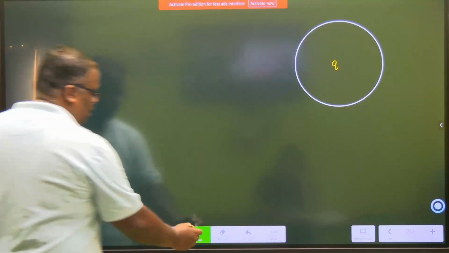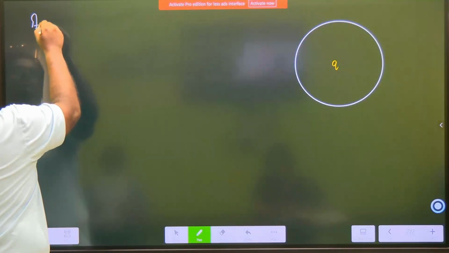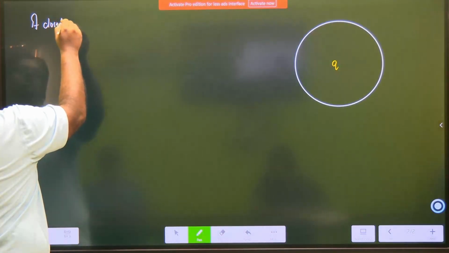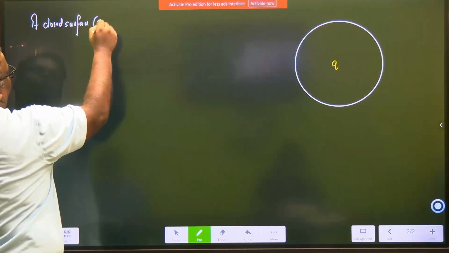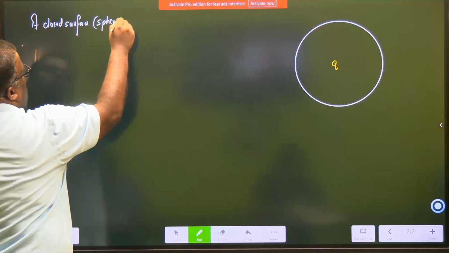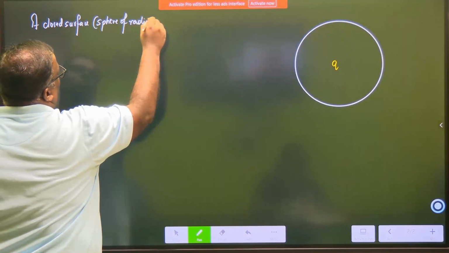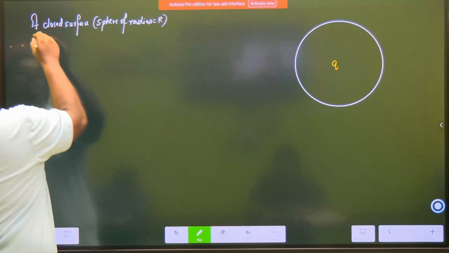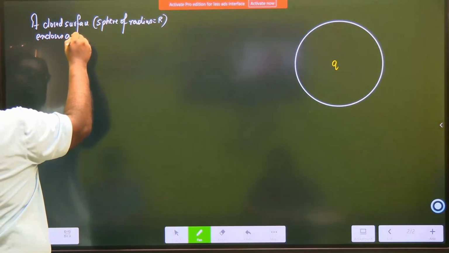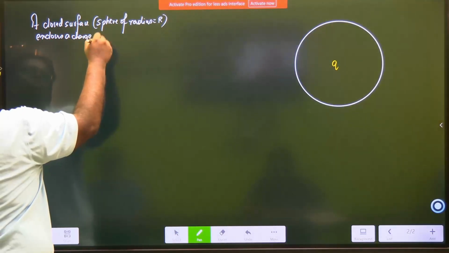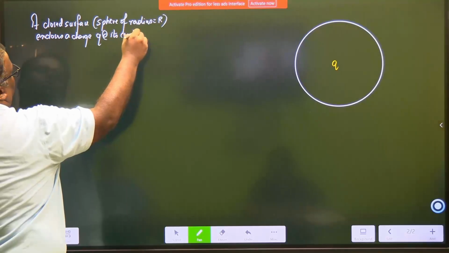So we write a closed surface. And what is your closed surface? A sphere of radius R encloses a charge Q at its center.